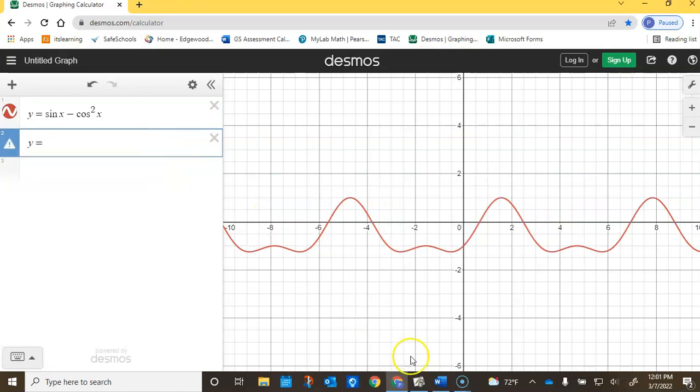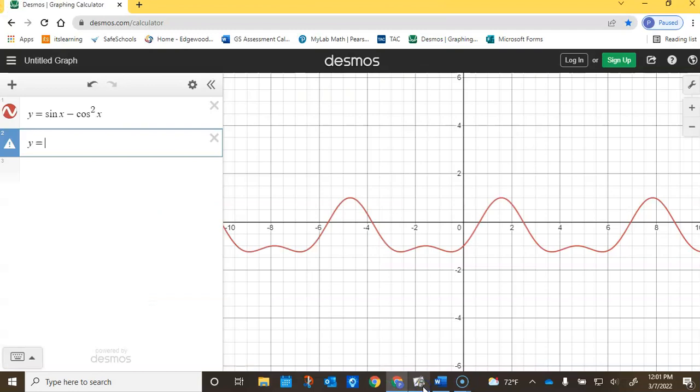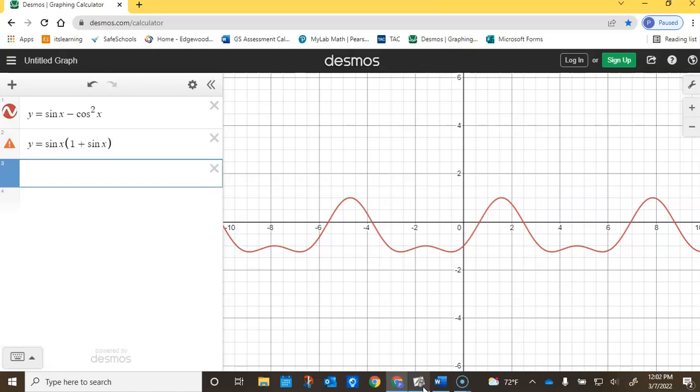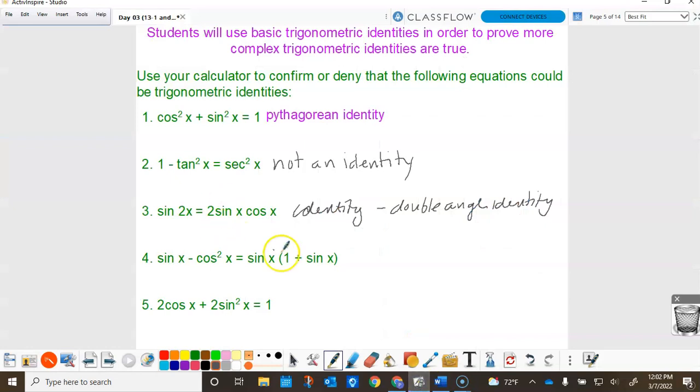And I want to know if that equals sine x times the quantity 1 plus sine x. It's not liking how I have that typed in, so maybe I need to put parentheses here. There it does. Okay, are those identities? They are not, because they are not on top of one another. So we could go back and record that that is not an identity.